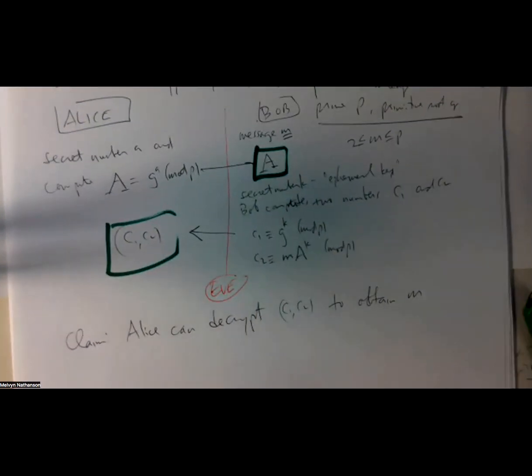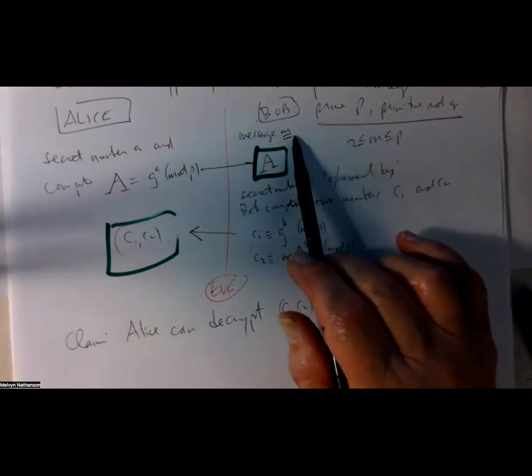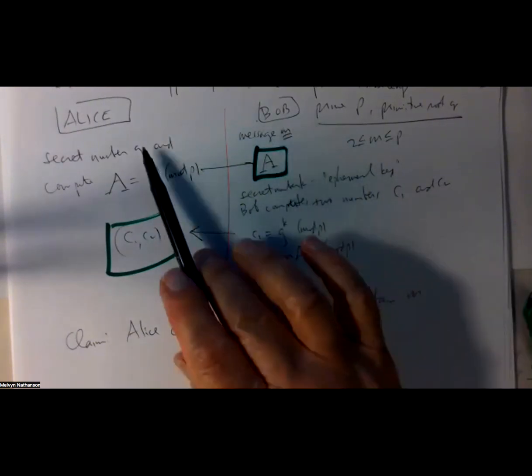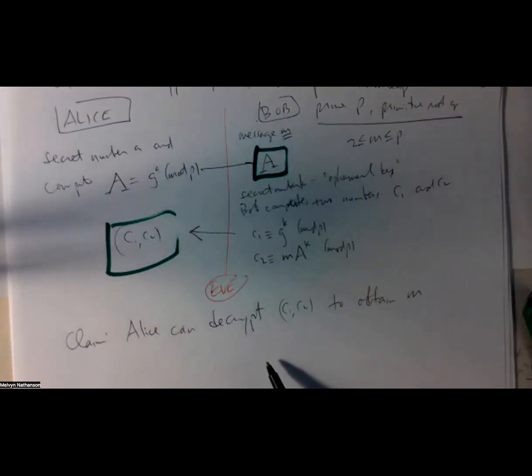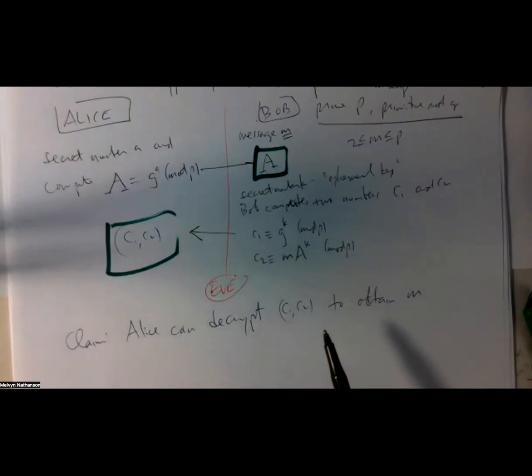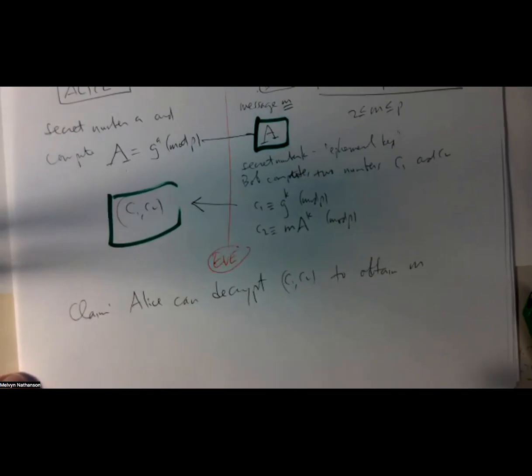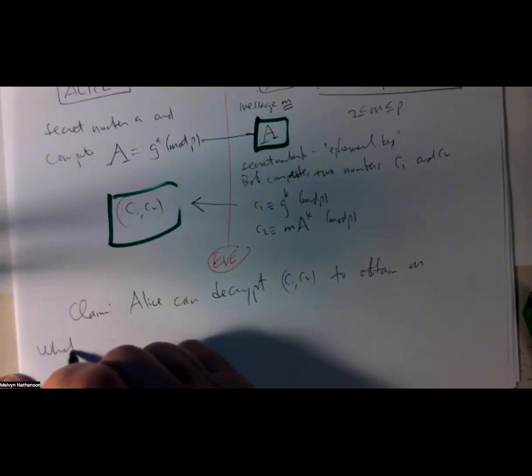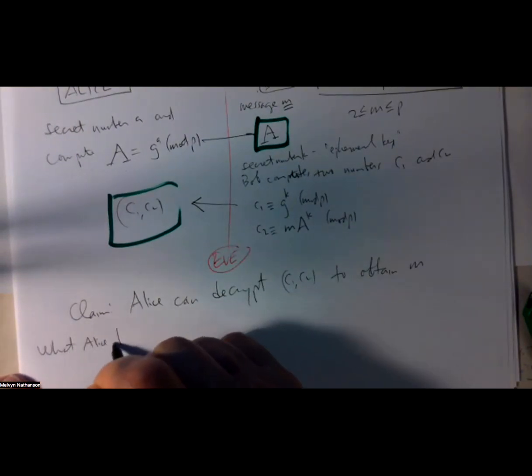Again, the whole point is Bob has a message, it's the number M, he wants to send to Alice. He's going to send this pair of numbers C1, C2, and the claim is that from C1, C2, Alice can figure out what M is. Okay? So this is what Alice does.